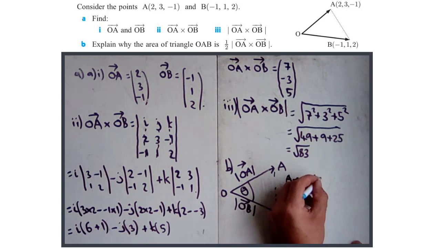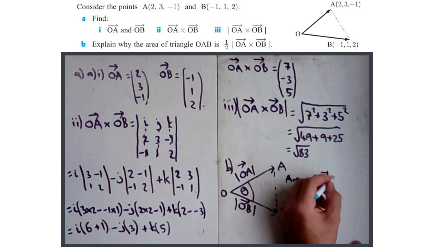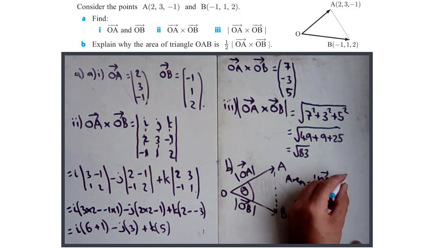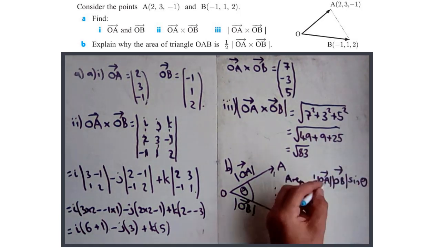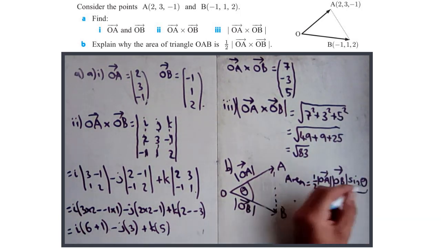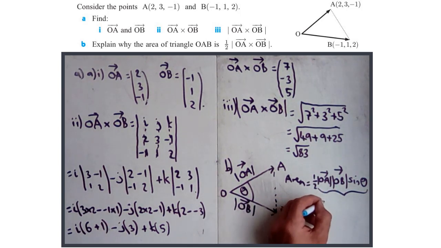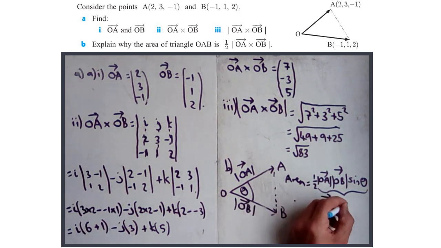So half times the magnitude of OA times the magnitude of OB times sine of the angle between them. And if you look at that, all of this, apart from the half, is actually the magnitude of the cross product OA cross OB.